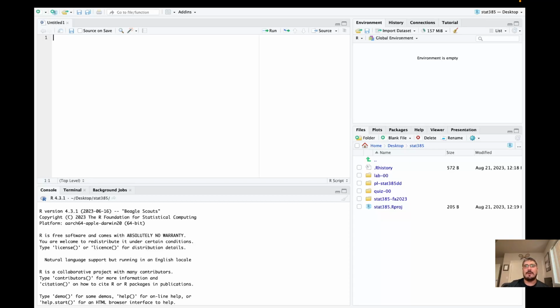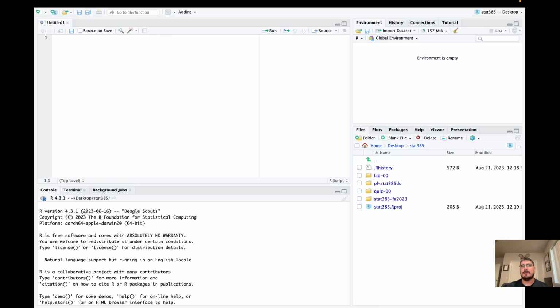So interactive mode, we could use interactive mode through R directly, but that is command line only, and it just isn't very user friendly. So that's why we are using RStudio, which is just what you see right here in front of you. So we have our panes, panels, whatever, where we have a text editor here, not like a rich text editor like you would see in Microsoft Word or something like that, but a text editor that will allow us to work with plain text and allows for us to easily write our code down.